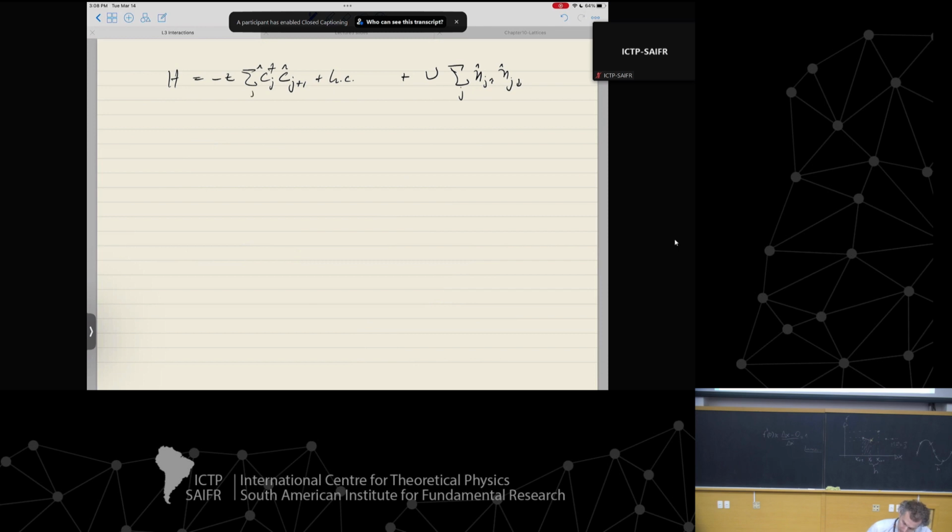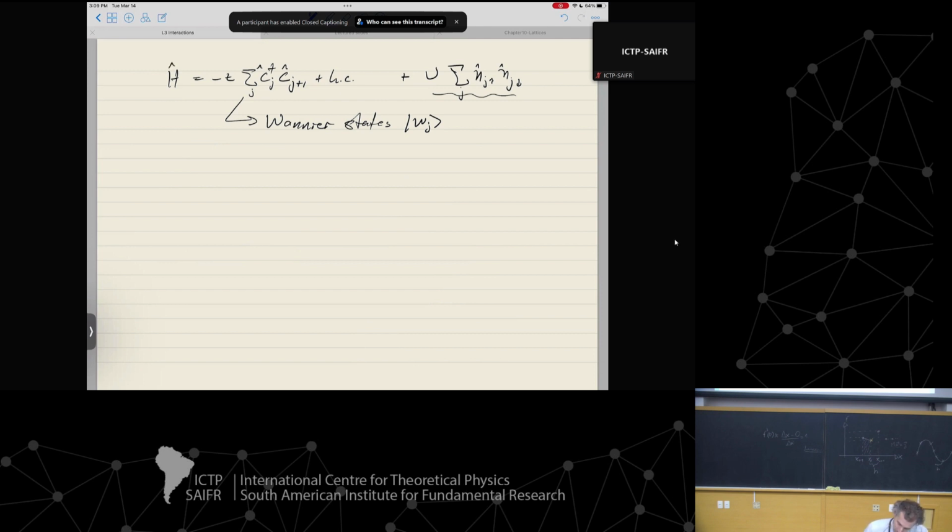So what do I mean by these J's? All of these are the Wannier states. So these are the states that are well localized to a single position, and therefore are especially nice when talking about interactions, as we've just emphasized.